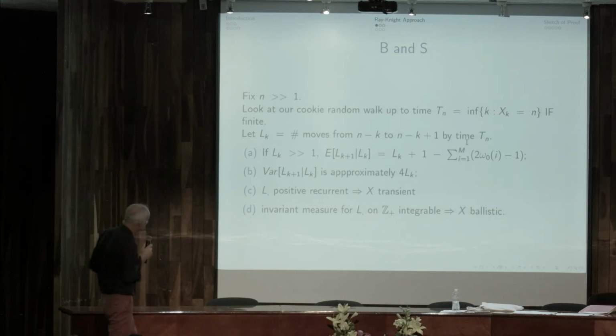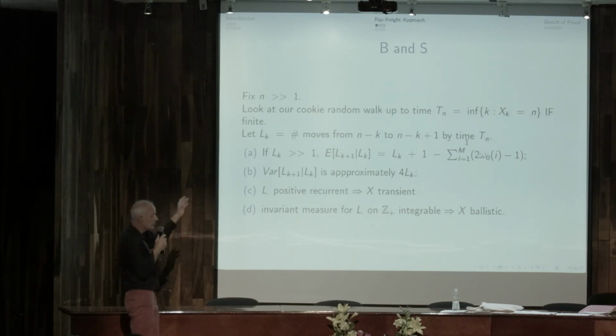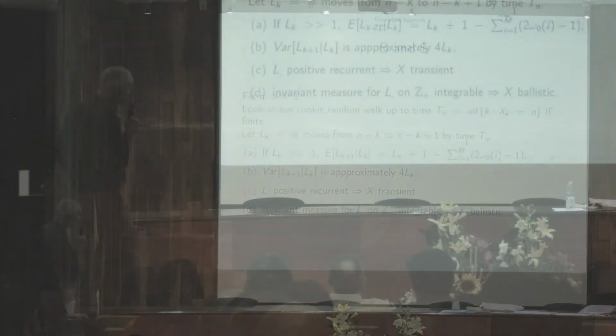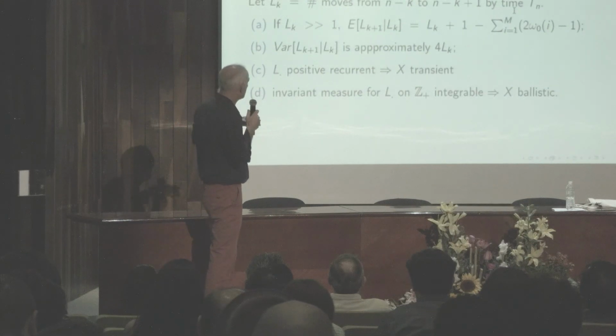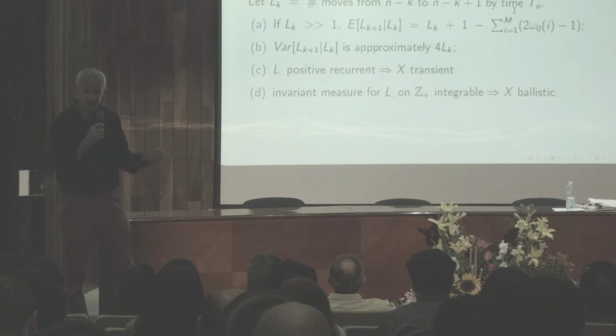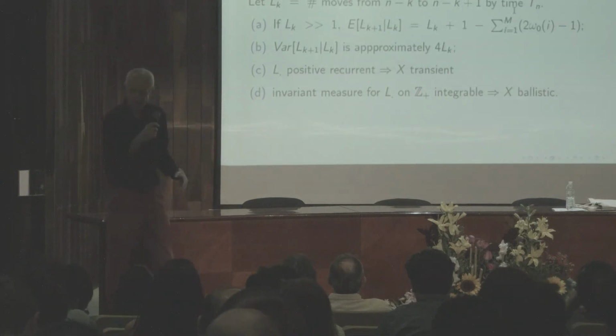But what we can say is, we have the realizations of the Markov chain, we can have IID sequences of uniform random variables, which based on the status of the Markov chain determine whether you go left or right. And we can work backwards from n using these random variables, and we can get a process, L of k, which is L for local time, but it's not the same as the classical local time, being the number of visits. It's going to be the number of times you've gone from a site to the right. I could have gone to the left, but let's say it's to the right, okay?